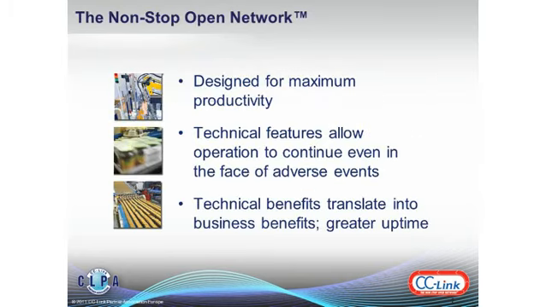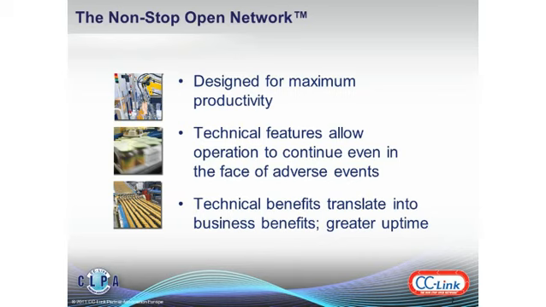We created the brand name, the Non-Stop Open Network, to capture some of the key points about what CC-Link can offer from a business perspective. But what this basically comes down to is that CC-Link has many technical features included in its technology which allow you to continue operation even in the face of adverse events.